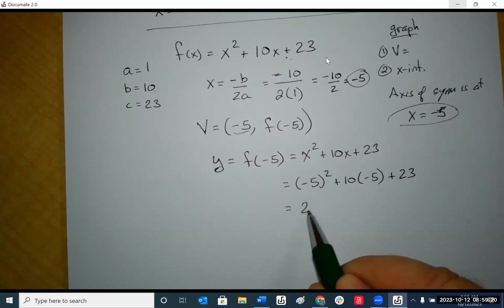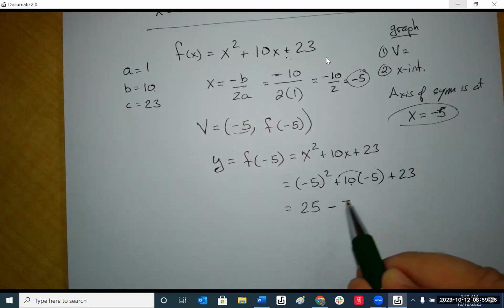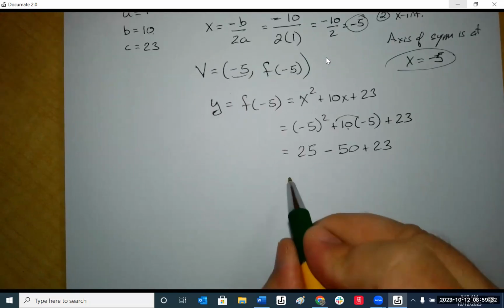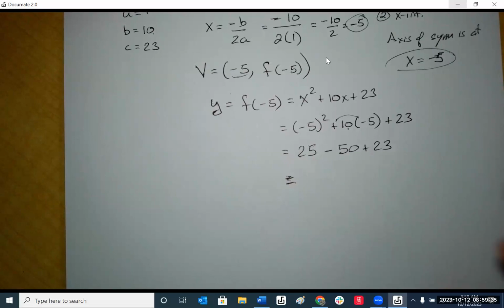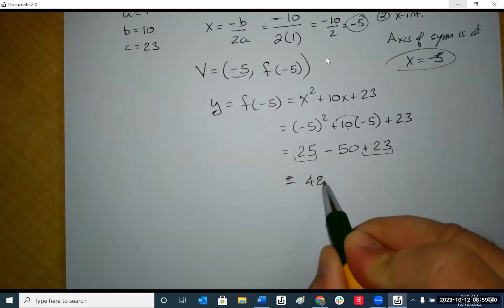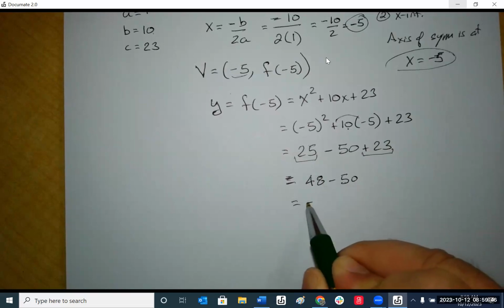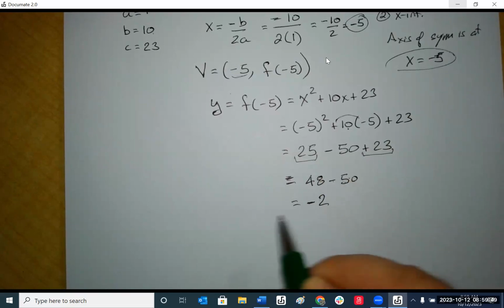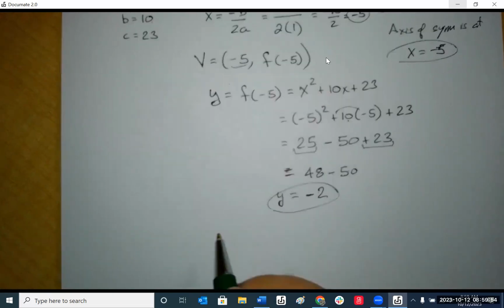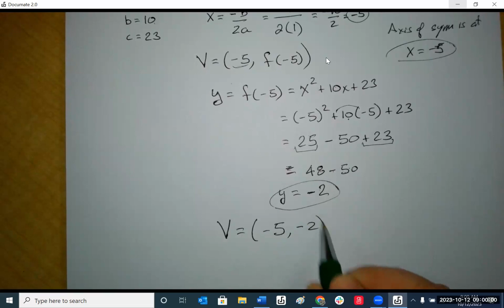Negative 5 squared is a positive 25. Positive times negative is a negative. 5 times 10 is 50. Plus 23. 25 plus 23 is 48. Minus 50. 50 is bigger, so it's negative. 50 minus 48 is 2. So that's my y value. So my vertex is at (negative 5, negative 2).